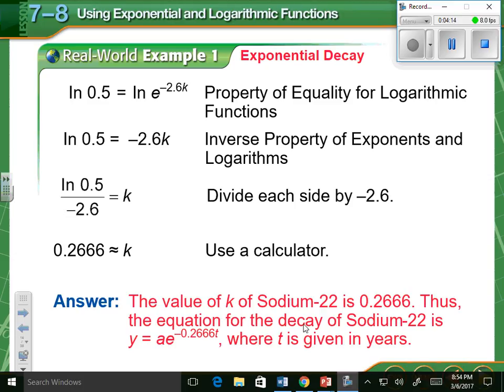So the equation for the decay of sodium-22 would be Y, which is the final amount, equal to A, the initial amount, times E to the negative 0.2666T, where T is the amount of time in years.